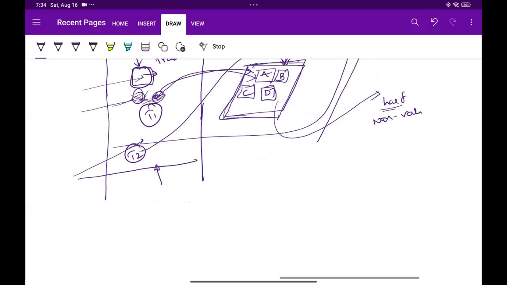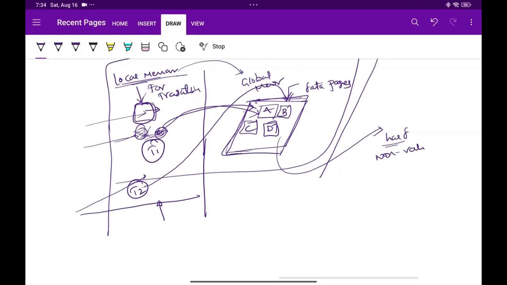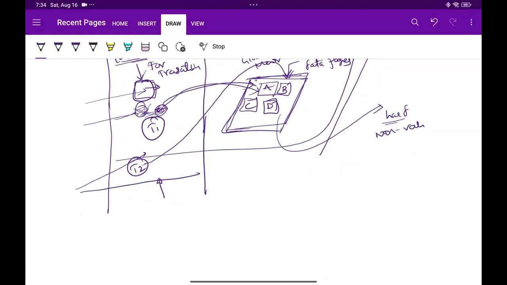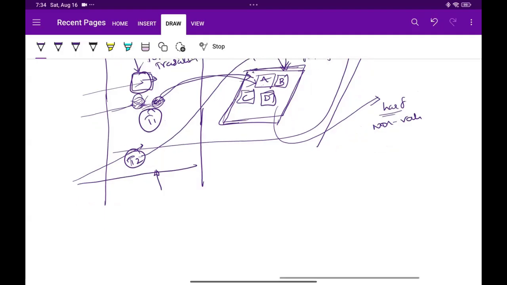We'll cover later how these pages are retrieved into global memory from the hard disk. Now I am just concentrating on logging, why we need the logging mechanism. So T2 modifies B and D, where T1 modified A, B, C. These T1 and T2 are completed, which means they are committed.